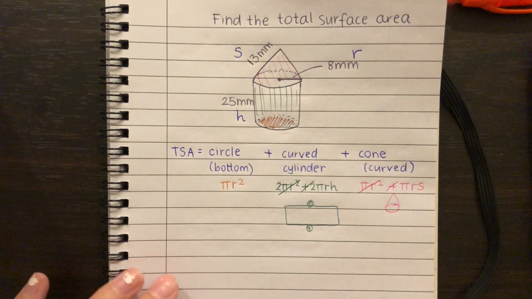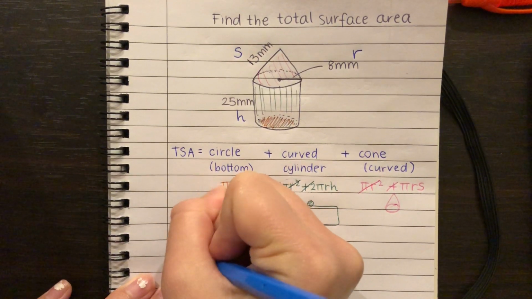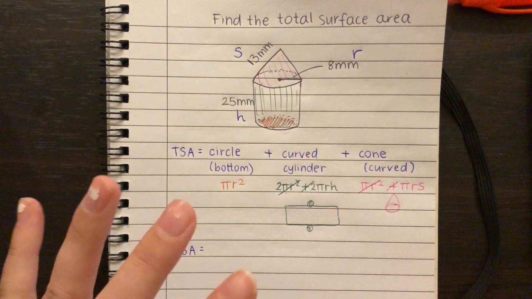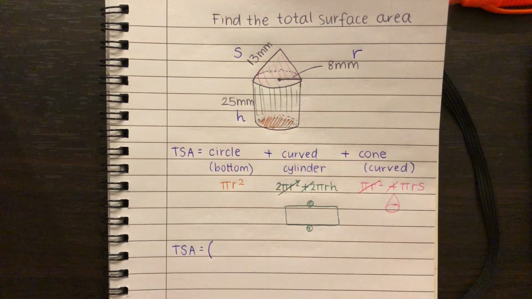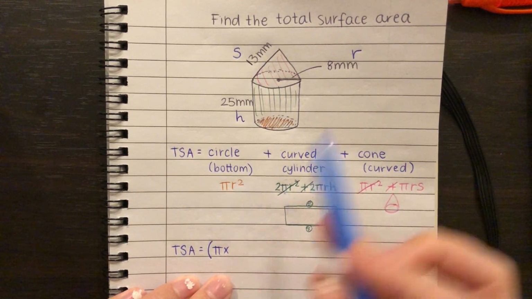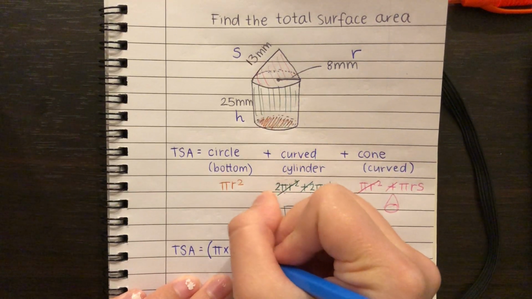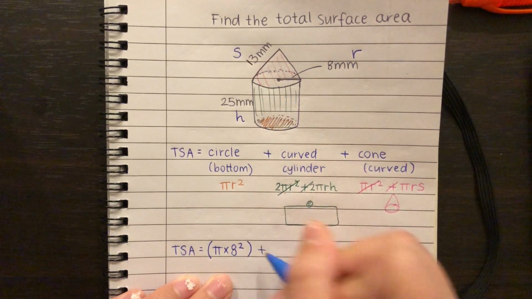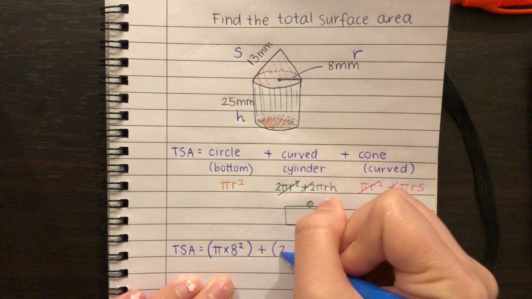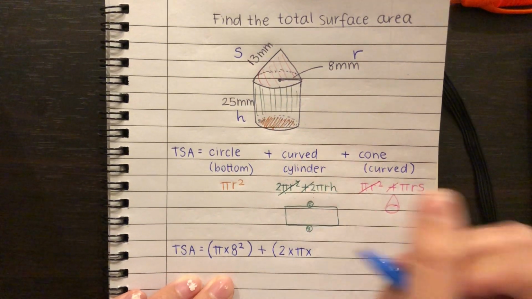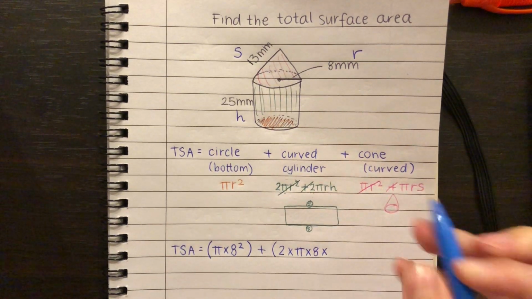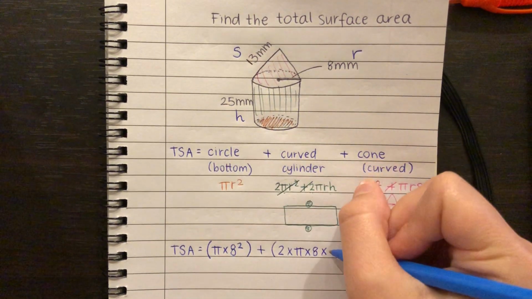And let's go substitute in. TSA equals, now I'm going to put brackets around each of these three things so I don't get confused. Pi times the radius squared, so the radius is 8, plus 2 pi rh, so 2 times pi times the radius, which is 8, times the height, which is 25.